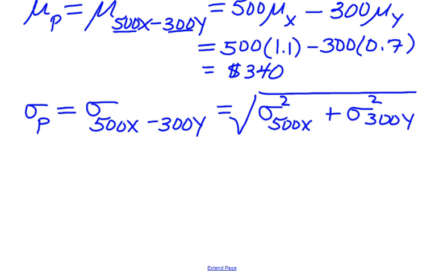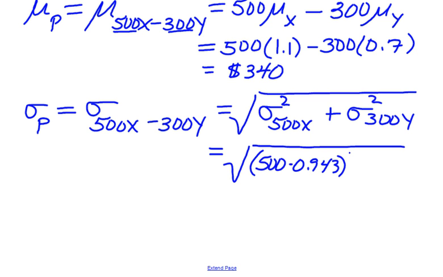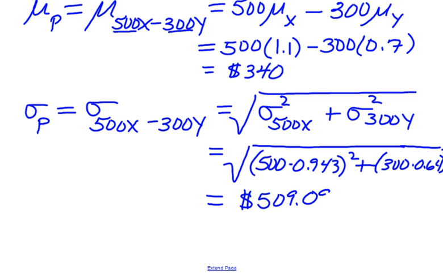We'll see that this becomes the square root of (500 times 0.943) squared plus (300 times 0.64) squared. You'll recognize this number as we've seen it before, $509.09.